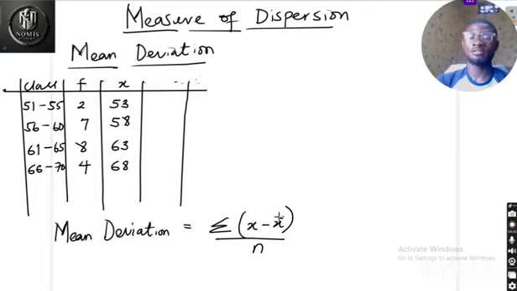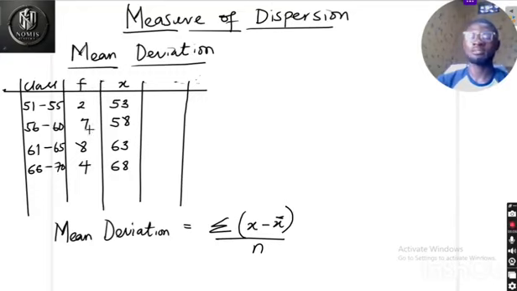X bar in this formula simply means mean. That means I will need to calculate the mean of this data. Then I will subtract the mean from x, and the summation of that is what I need at the numerator, and the denominator is just the summation of f. So let's get into the business.